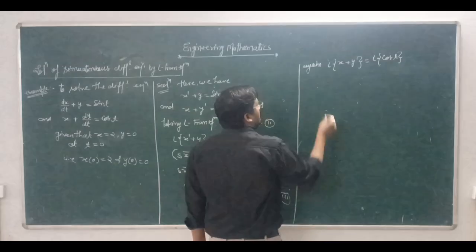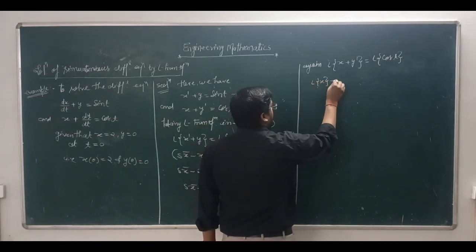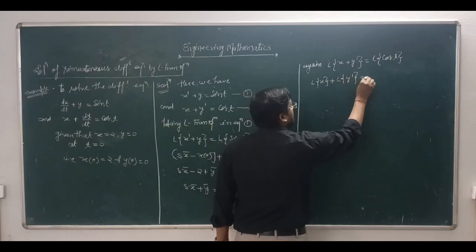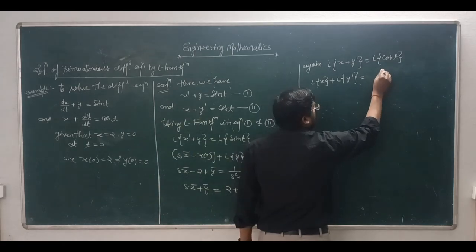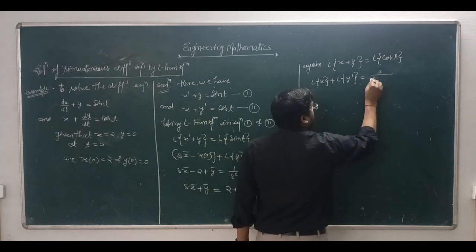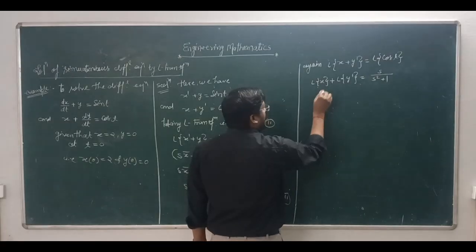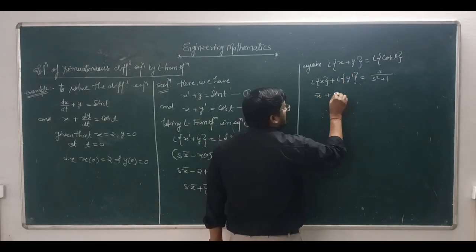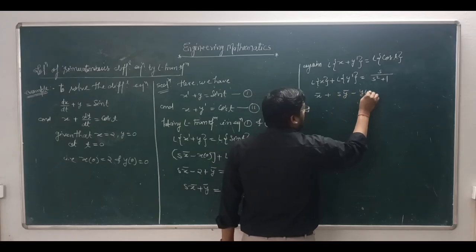Laplace of x plus Laplace of y dash is equal to Laplace of cos t, which means s upon s square plus 1. Now Laplace of x is x bar, and Laplace of y dash is s y bar minus y0.